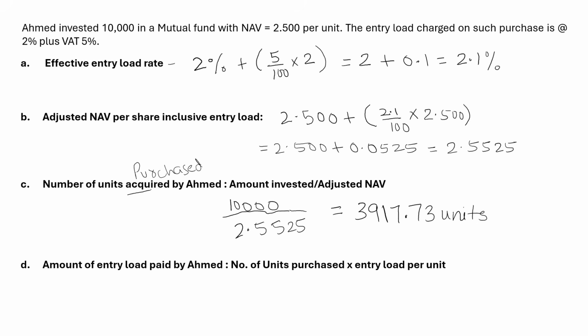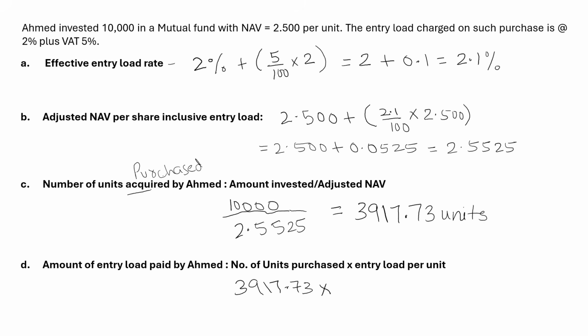We just calculated the number of units purchased by Ahmed, which is 3,917.73, multiplied by entry load per unit.